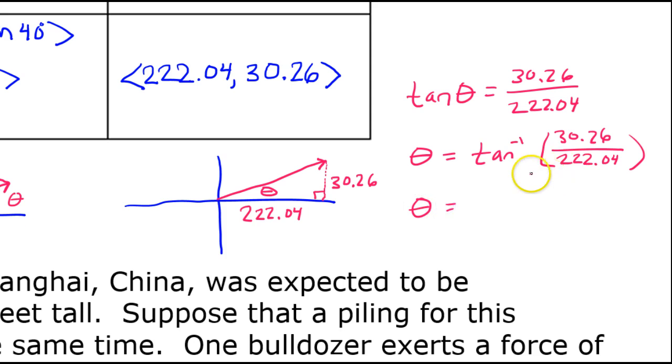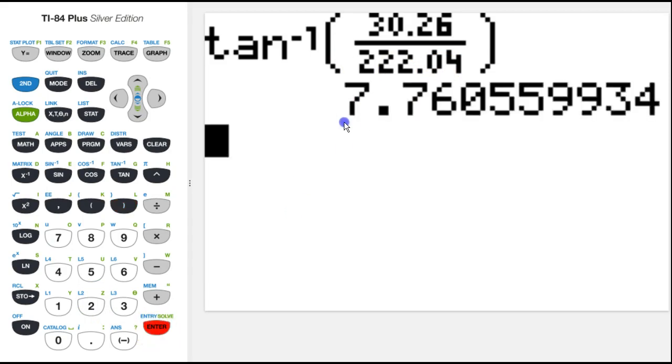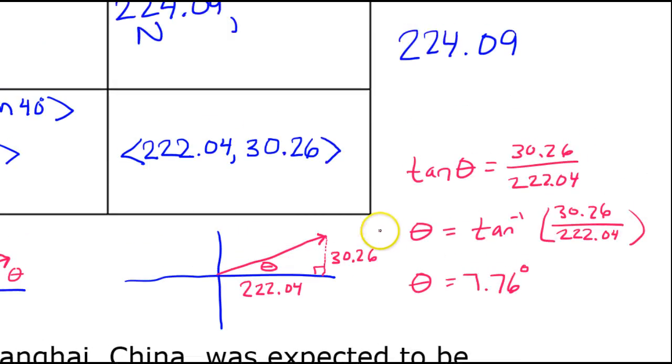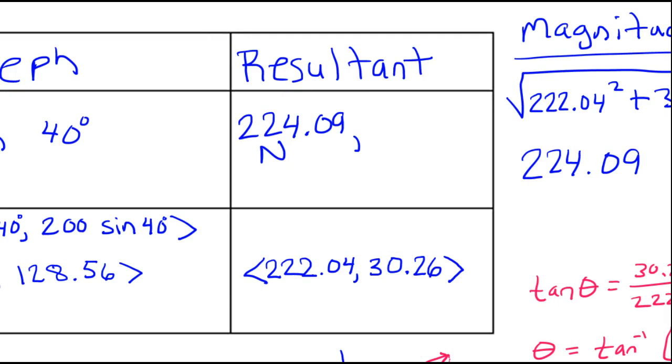I'm just going to put this in my calculator and see what it is. So here I've typed it in my calculator. Bam! 7.76 degrees. And that is the direction, so I can go ahead and record that on my chart.